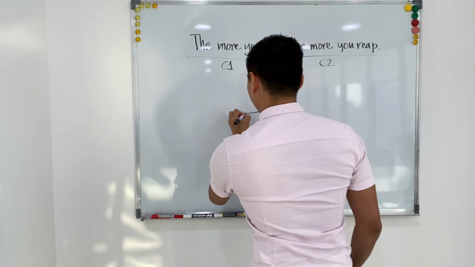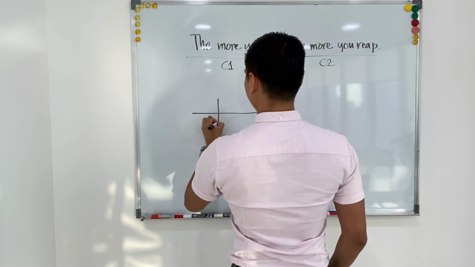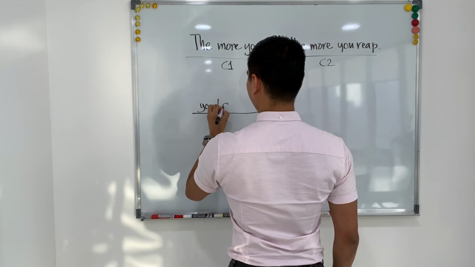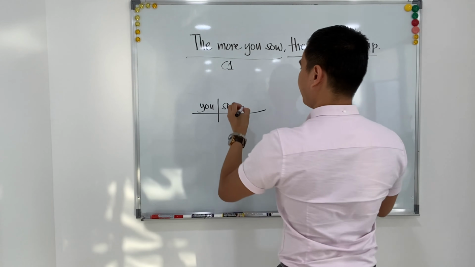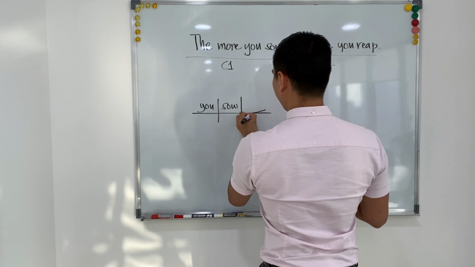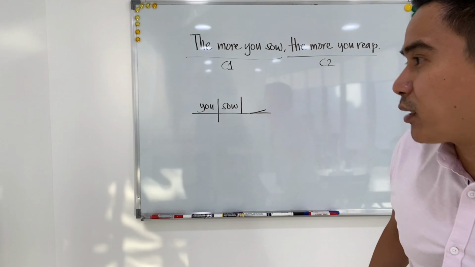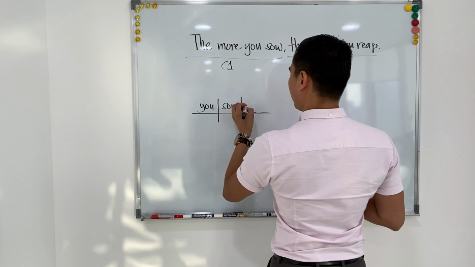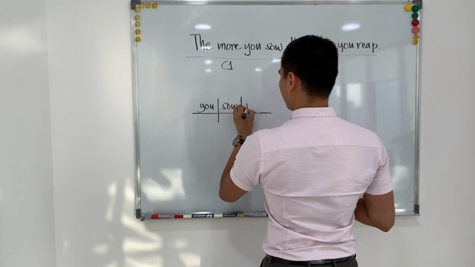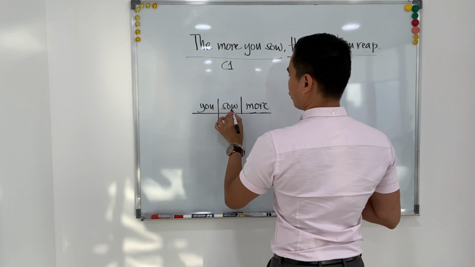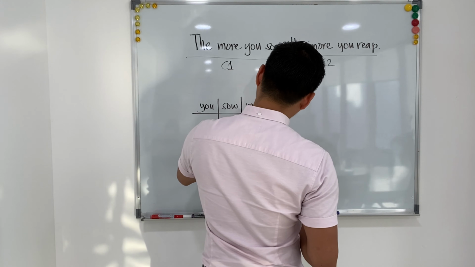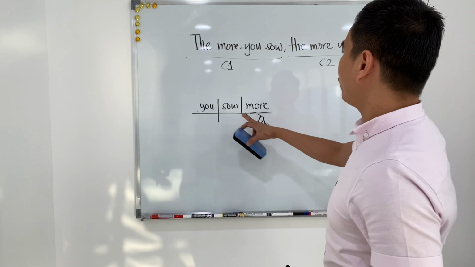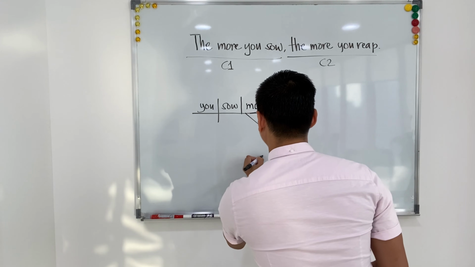So, doing the diagram, you is the subject, and sow is the verb, and more in this sentence is used as a noun, particularly the direct object of the verb sow. You sow more, and the adjective, the article the: the more you sow, and it's the same format.